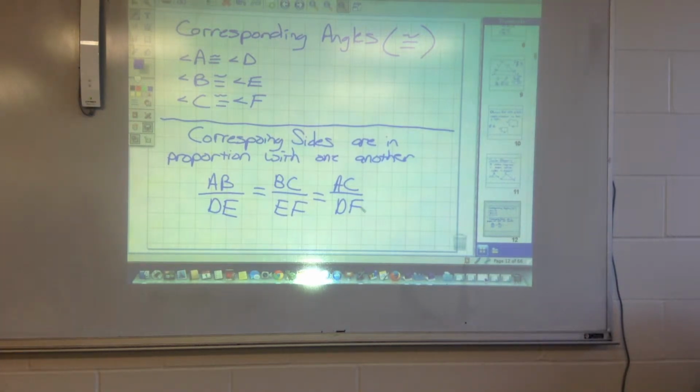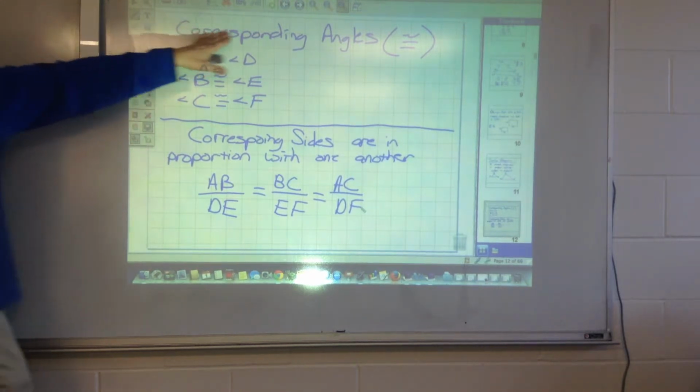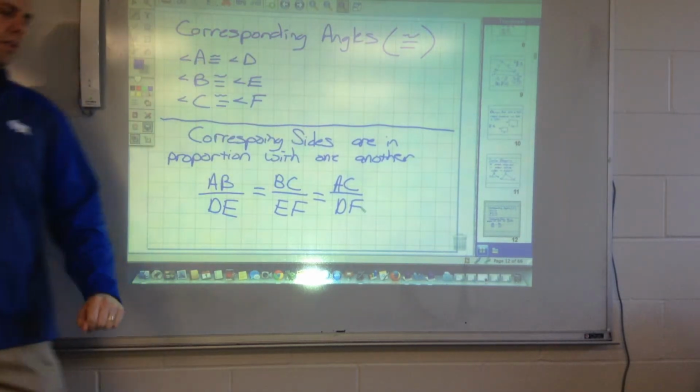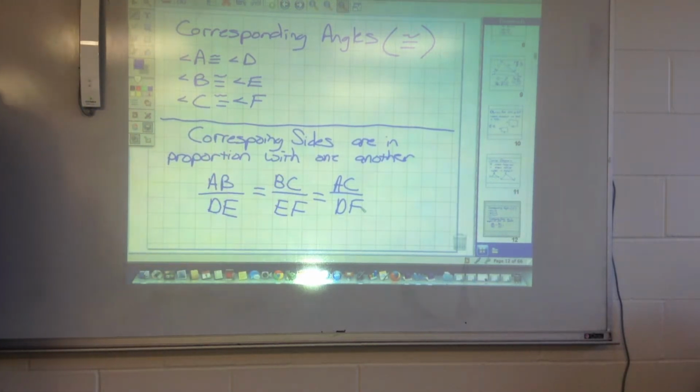So anytime you have similar polygons, similar figures, corresponding angles are congruent, the corresponding sides are in proportion with one another.